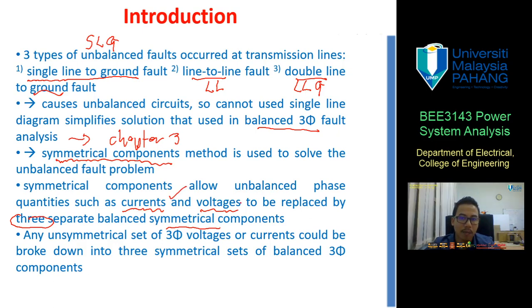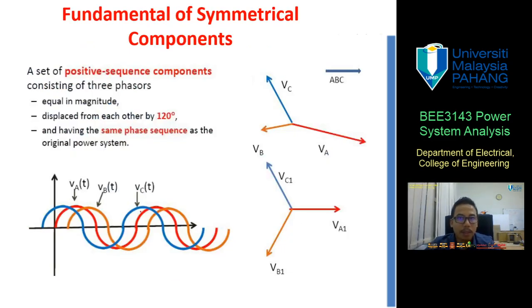Any unsymmetrical set of three-phase voltages or currents can be broken down into three symmetrical sets. Three, what are they? We learn after this: sets of balanced three-phase components, the fundamental symmetrical components.